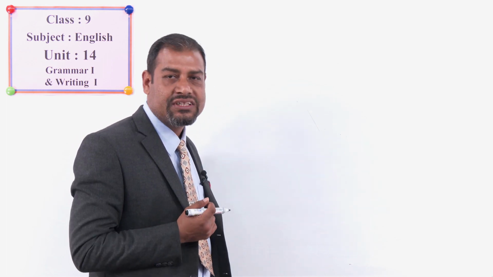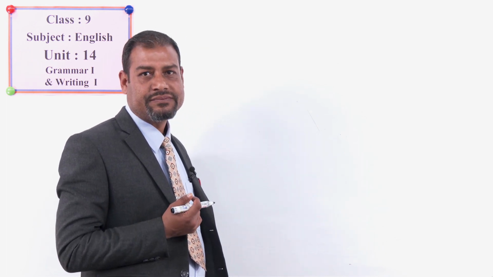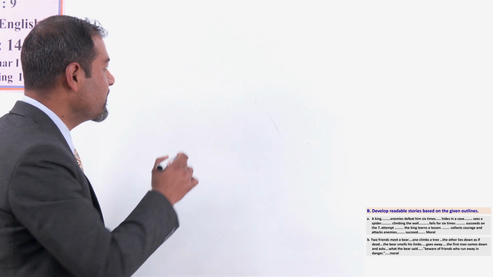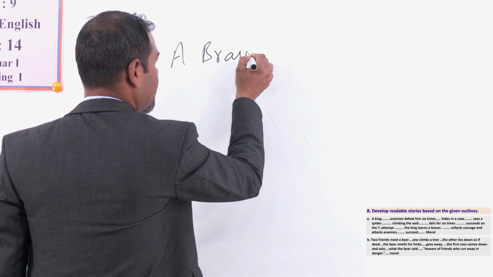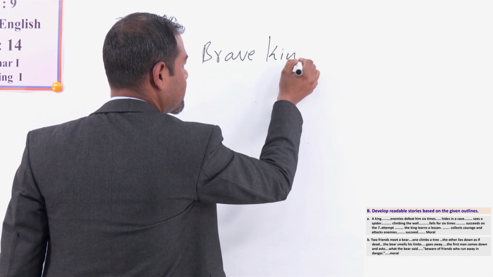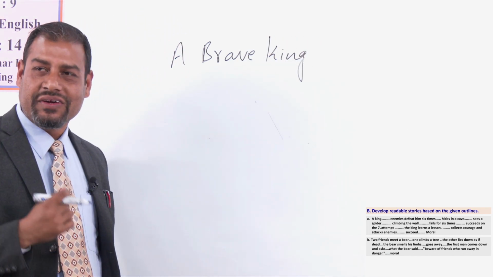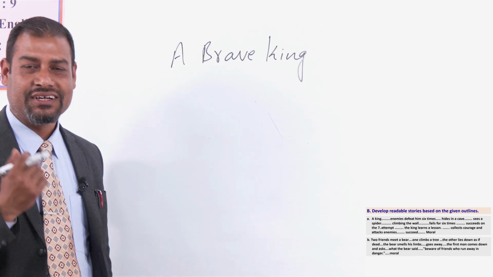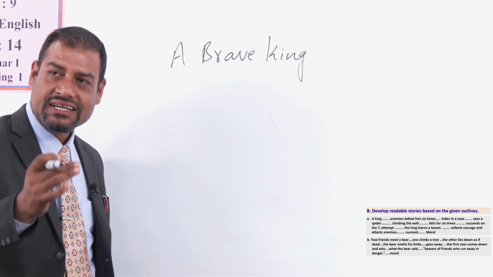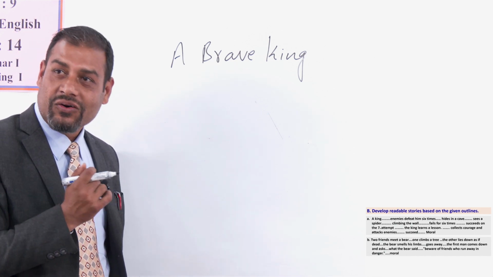So what can be the title first? Okay, simply you can write down A Brave King. Now you have to start writing the story. So how do you start? Okay, please tell me and you start writing with me. All right.